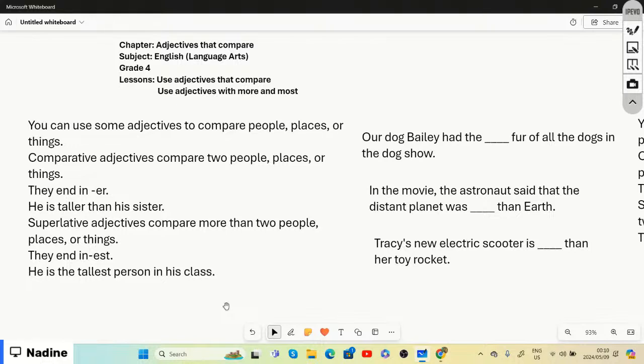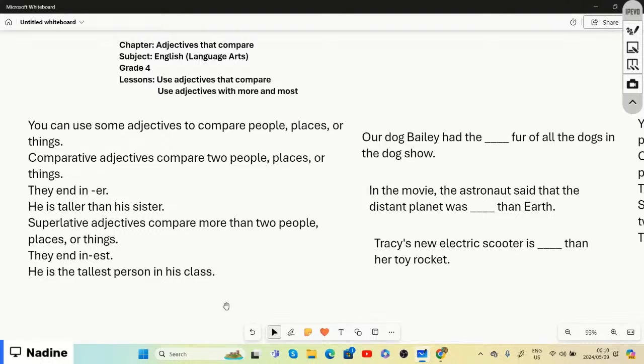Comparative adjectives compare two people, two places or two things.